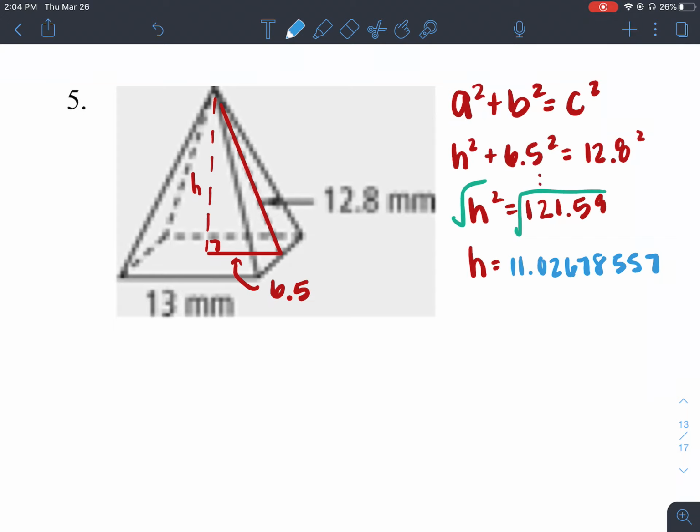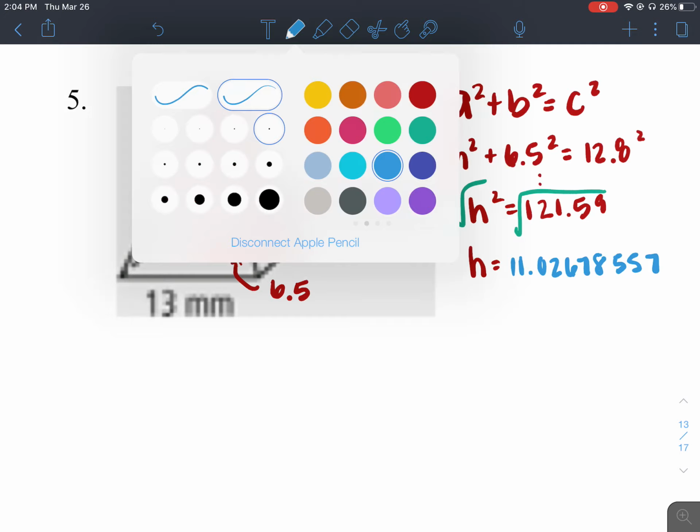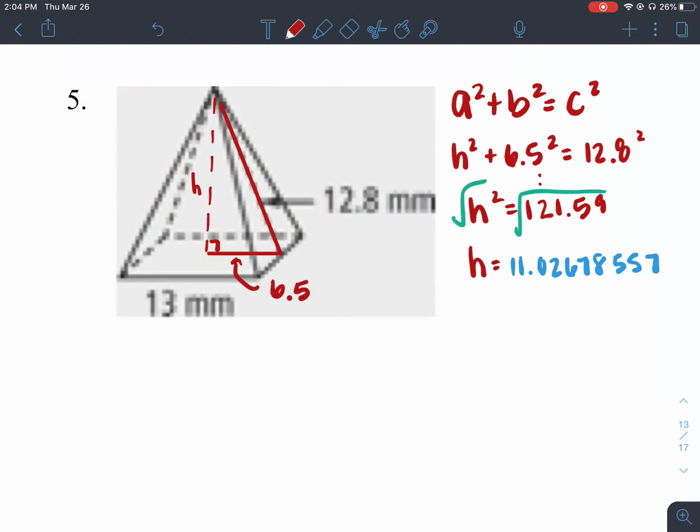Or if you have one of the graphing calculators, you can arrow up and highlight the number that you want and hit enter, and you can take advantage of that really long decimal and be more accurate in your final answer. Okay, but there's my height.